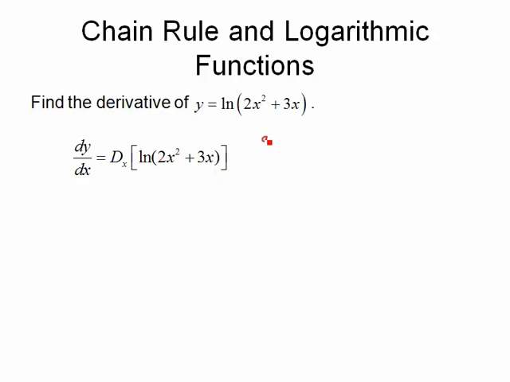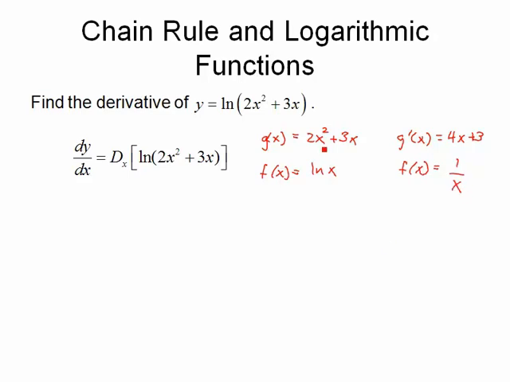So my g of x function is going to be 2x squared plus 3x, and f of x is going to be ln of x. So my derivatives are g prime of x, and that's going to be 4x plus 3, and the derivative of ln of x is 1 over x.